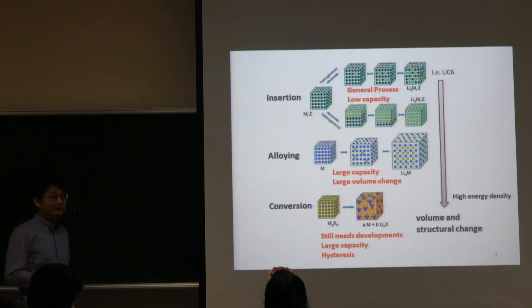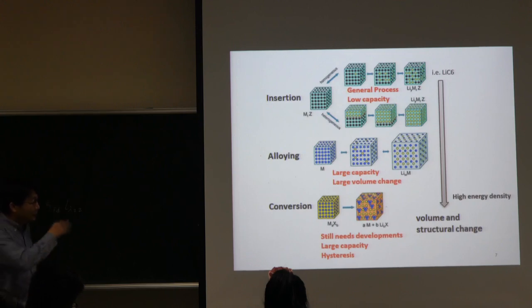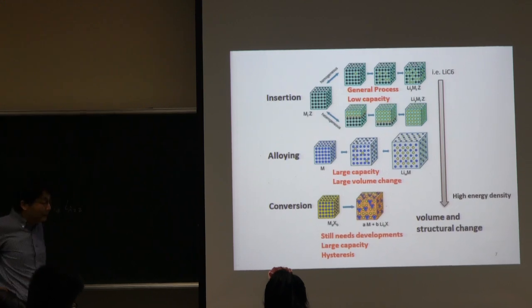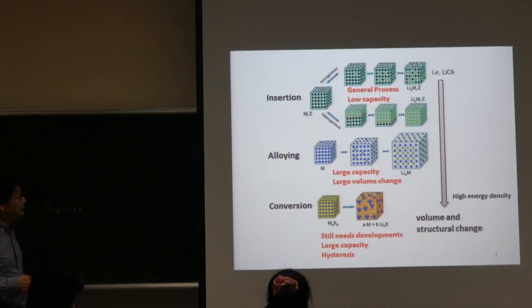But actually it is difficult to always maintain that charge and discharge coulombic efficiency and always maintain that high efficiency. This is quite tough. So we have some examples to show you.